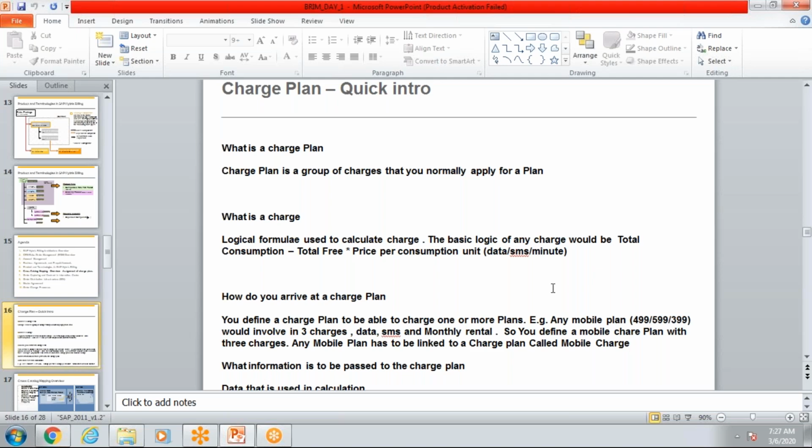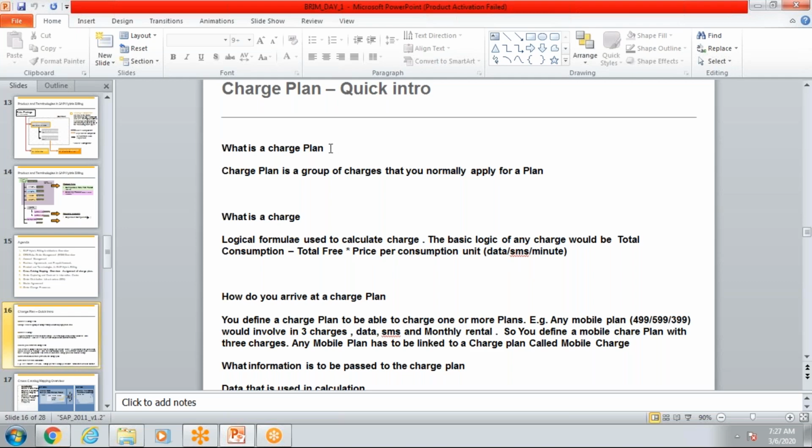As all these services are related to one plan, it may be the 299 or 399 plan, they are created under one charge plan. Under one charge plan, all these services, data service, SMS, and voice calls, are grouped.